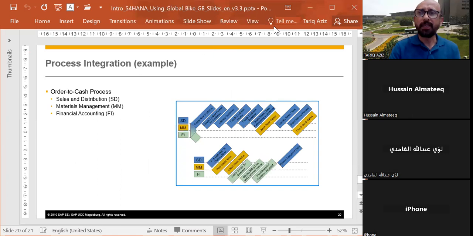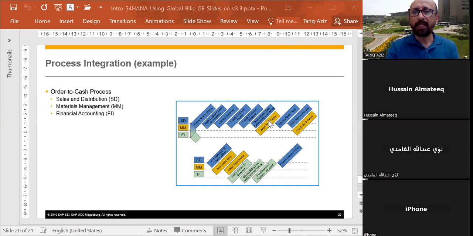Now, if you see here how the processes are integrated with each other, when they have done the implementation of ERP, here we can see very clearly, in sales and distribution, in the order to cash business process, that blue is the sales.